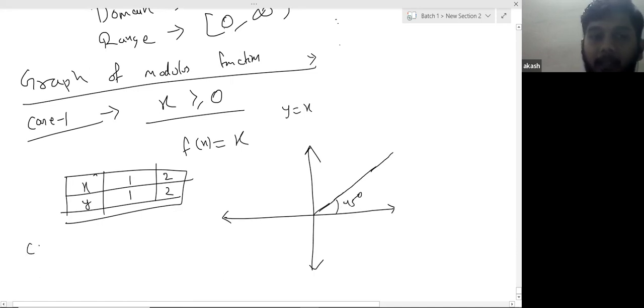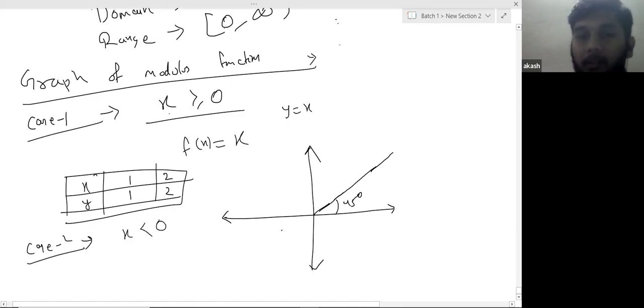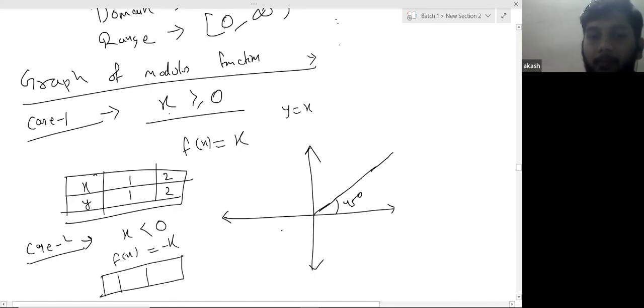In the case 2, for the negative x, see this graph is for only positive values of x, right? From 0 to infinite. This is from minus infinite to 0. F of x will be minus x. So if you put x equals to minus 1 here, y will be 1, minus 2, y will be 2. So -1, -2, we are still getting 1 and 2.